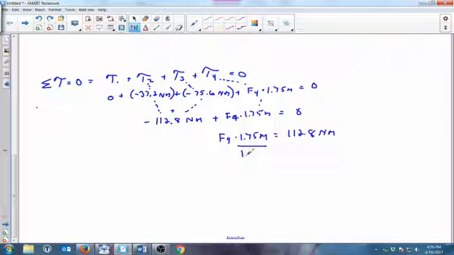So I'm going to divide this by 1.75 meters, and I'm going to divide this by 1.75 meters. Well, I already know meters and meters cancel, leaving me just newtons. That's good because it is a force. So the force of F4, the force that guy is lifting up with, is 64.5 newtons.